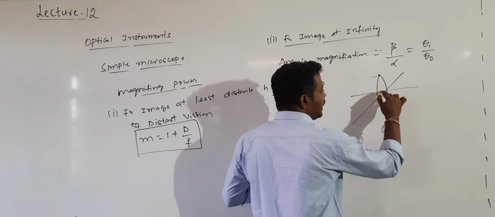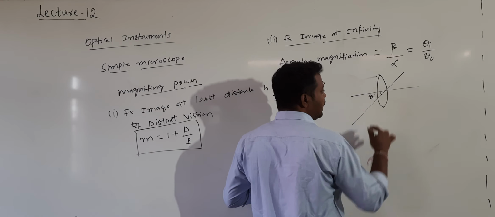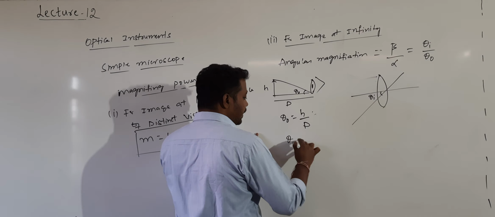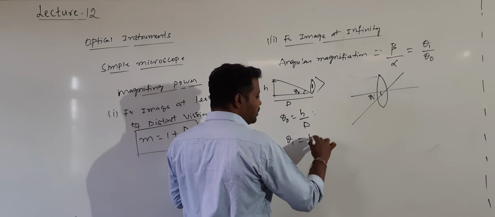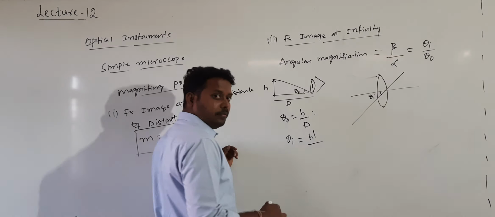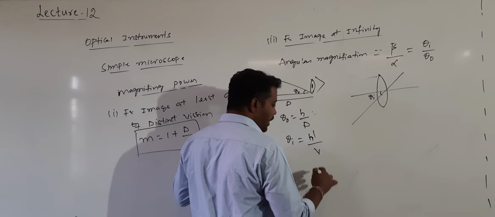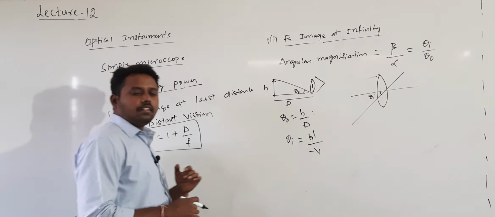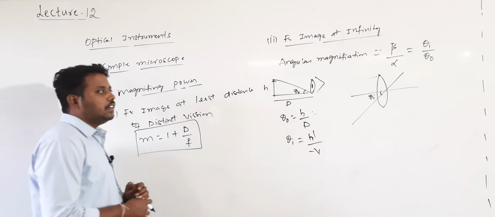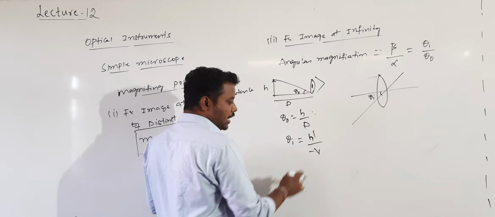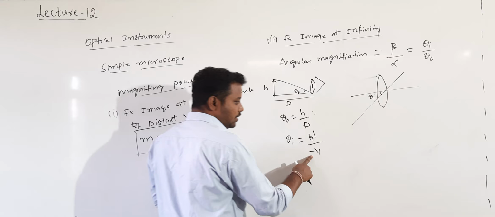The angle subtended is theta I, similar to theta O. The size of the image I call h dash, the final image is forming at a distance v, the image distance is minus v. For this convex lens, the image is forming on the same side, so that is why the sign convention value is minus.